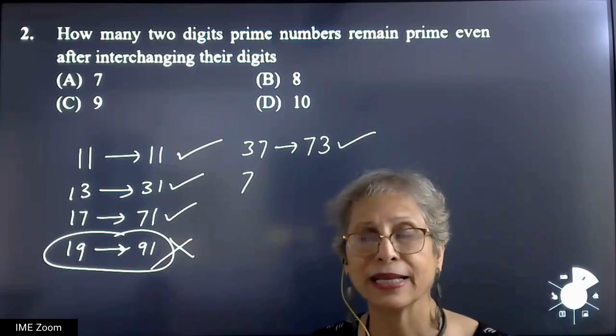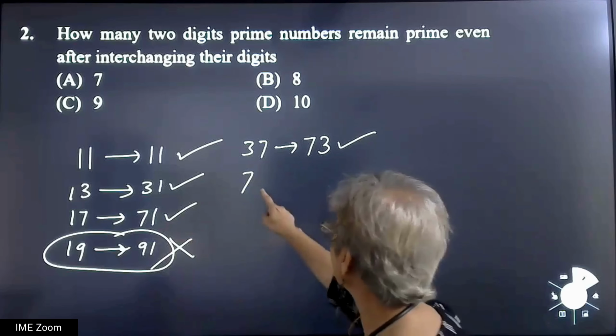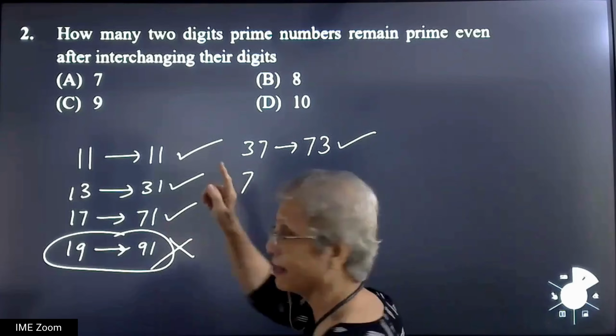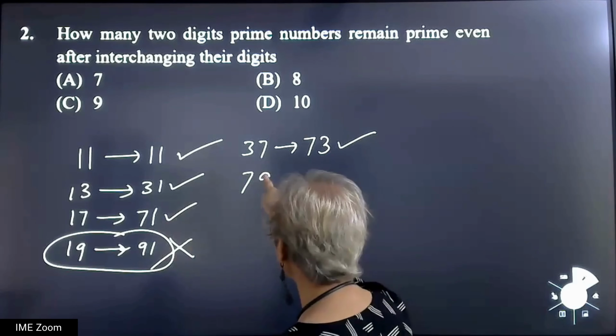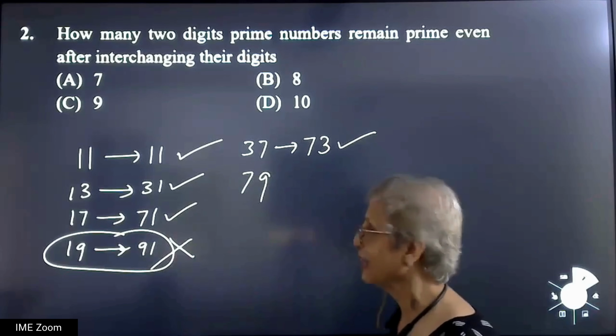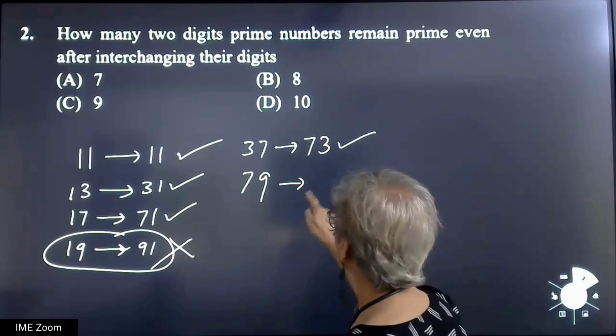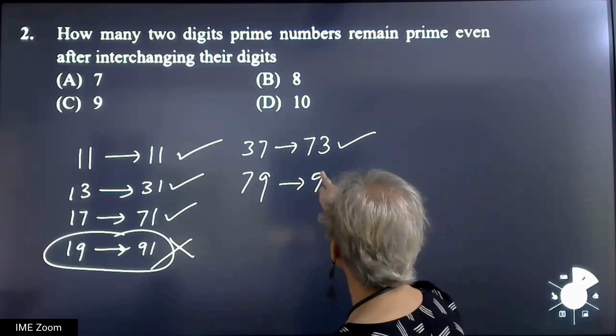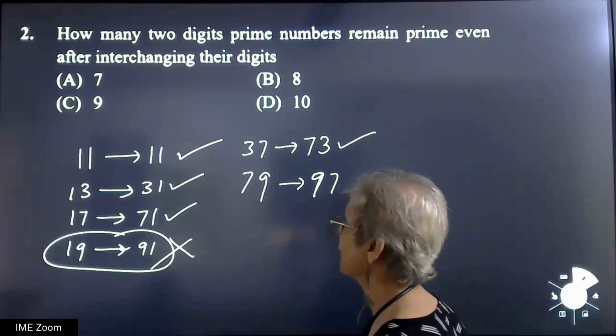Then coming to the next, in the 70s group there is one more. See, this is 79. 79 is prime, and if you interchange, it becomes 97. This is also prime.